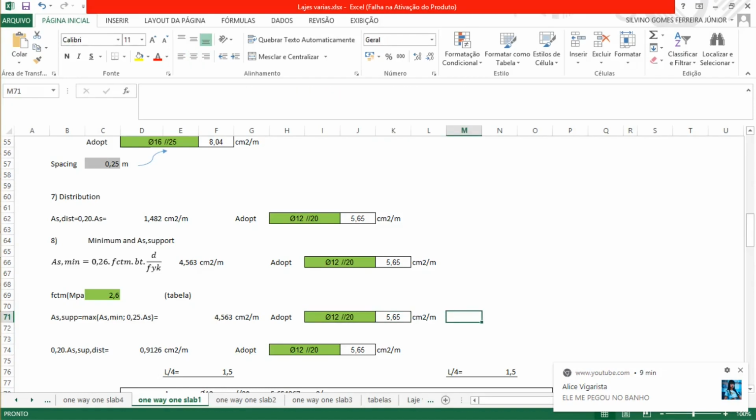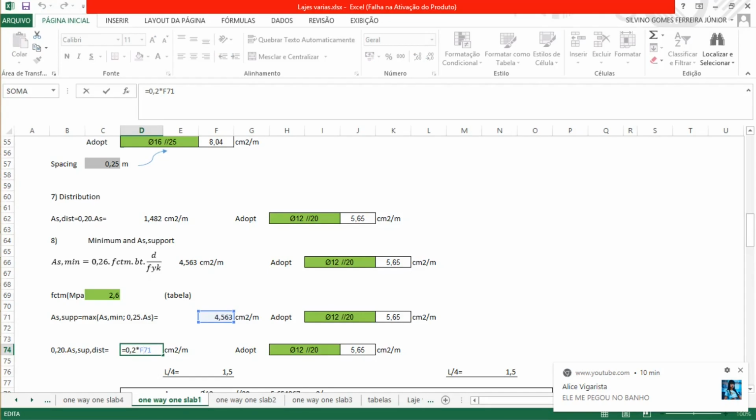Another distribution for the bars for distributions on the support. They have to be 20% of what we calculated for the support, and that gives us a very small quantity.